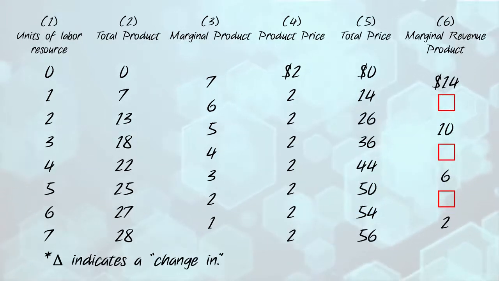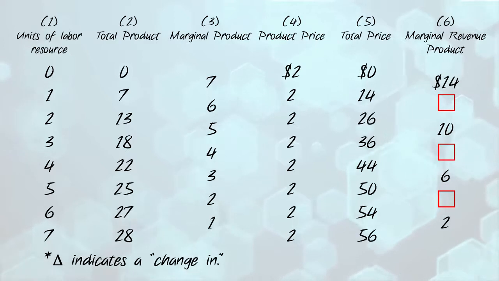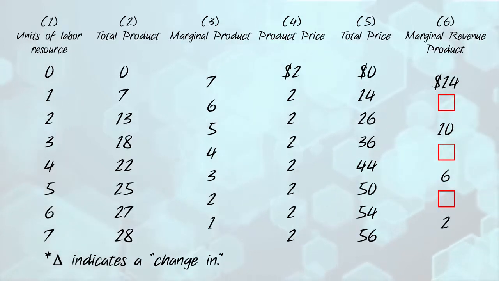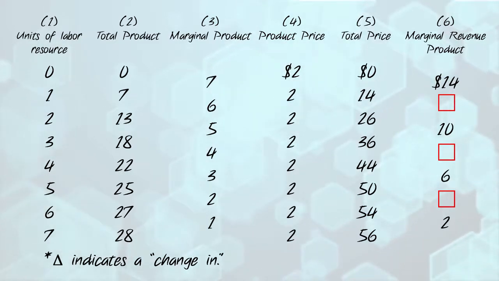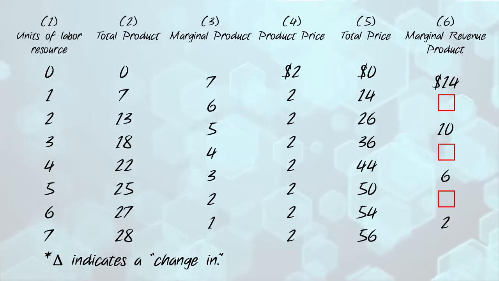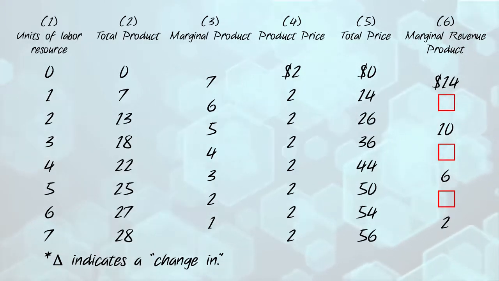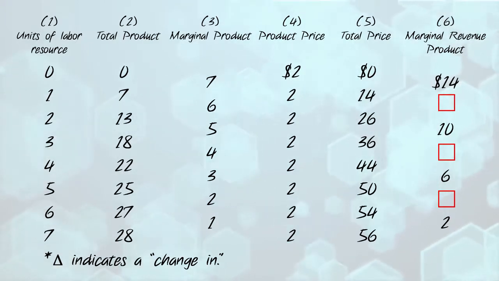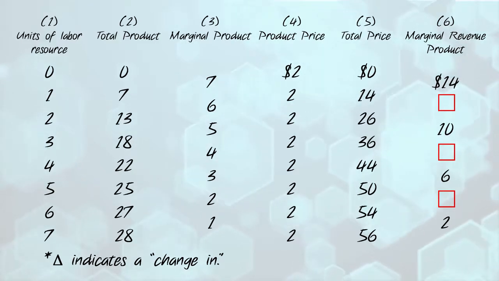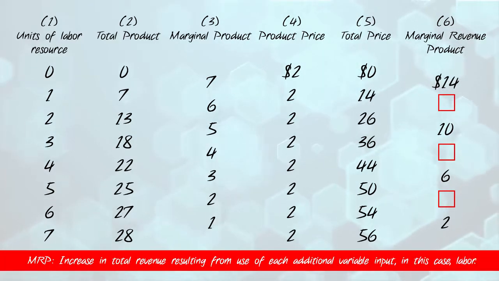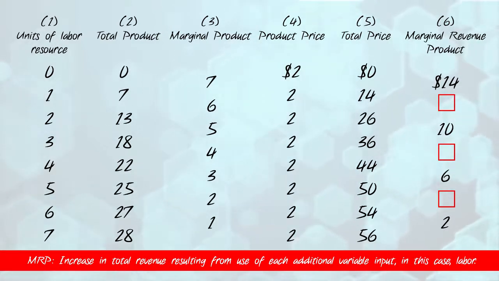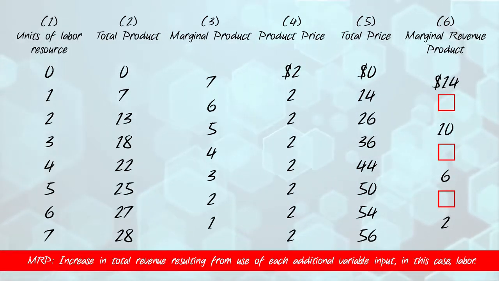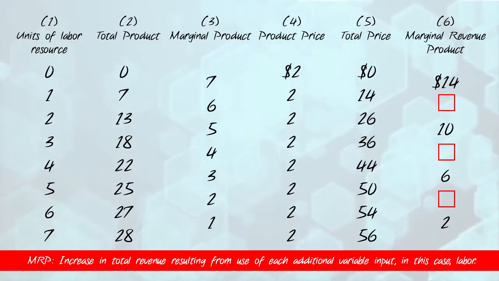Now, multiplying column 2 by column 4, we get the total revenue data of column 5. From these total revenue data, we can then compute a very important sixth column, the marginal revenue product, or MRP. In this key definition, the marginal revenue product is the increase in total revenue resulting from the use of each additional variable input, in this case, labor.